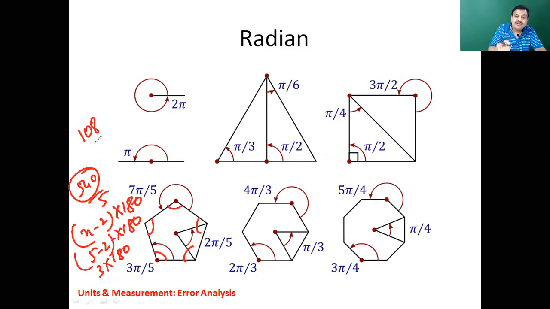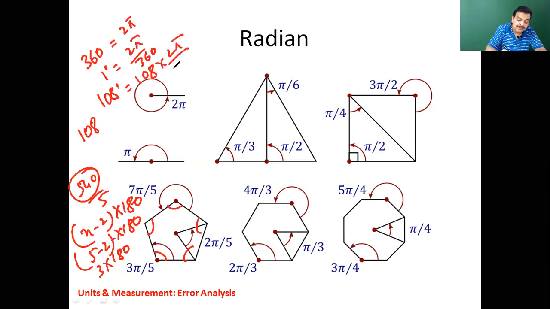Now you have to convert this 108 into pi. You know 360 degrees is equal to 2 pi. Now 1 degree is equal to 2 pi by 360, and it is 108. So 108 degrees is equal to 108 into 2 pi by 360. Got it?